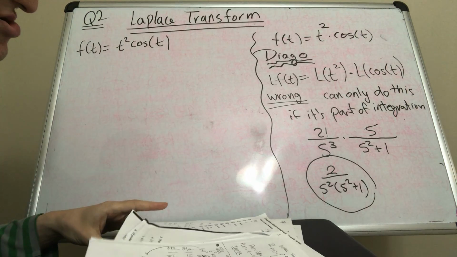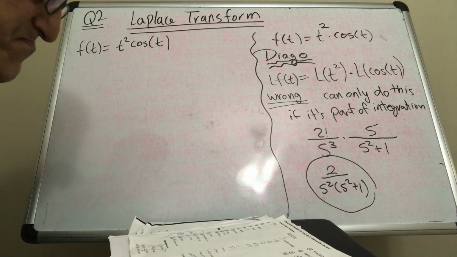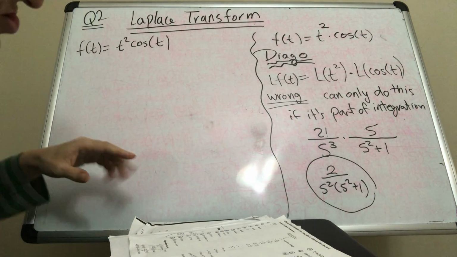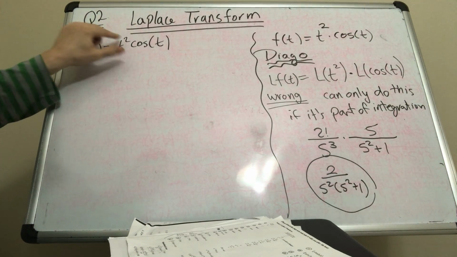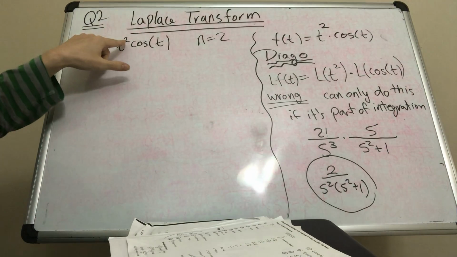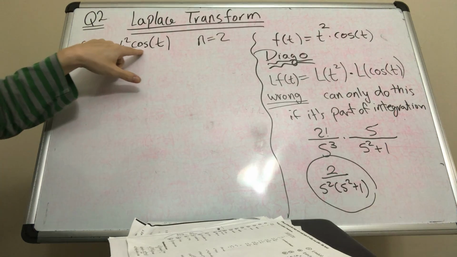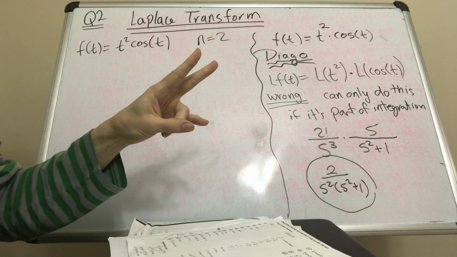In fact, we're going to use from this sheet rule number 15. Rule number 15 says when you have t to a certain exponent, in this case 2, you have to take the transformation for this and then find the second derivative.